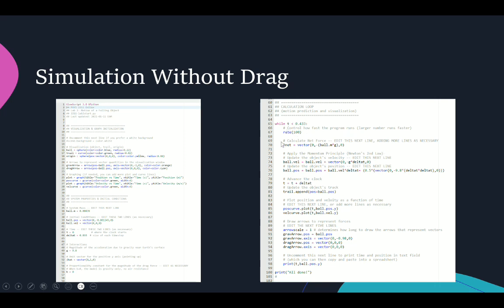The net force is equal to the mass of the ball times gravity. Our velocity update formula is equal to the initial velocity plus acceleration times time, so just negative g.